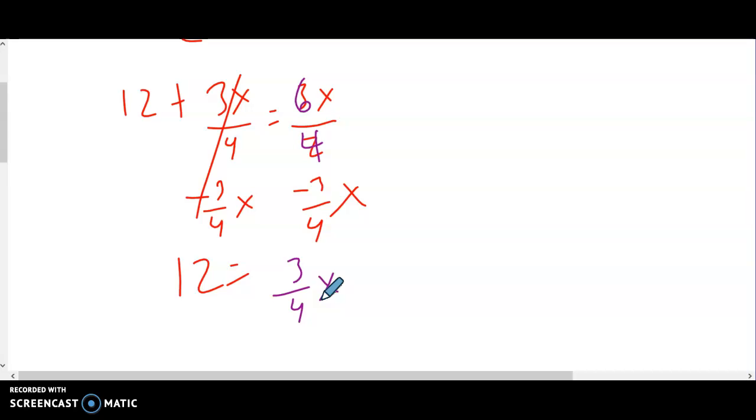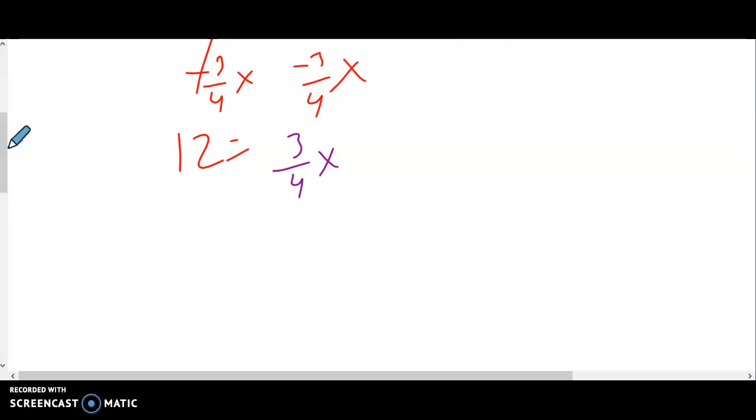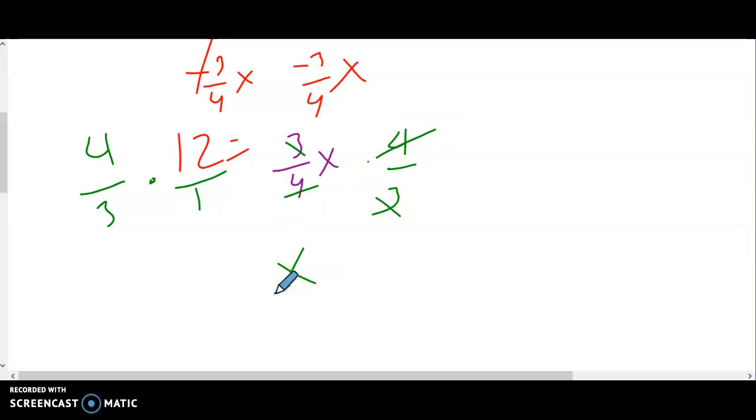Just subtract your numerators. Alright. And to get rid of the 3/4, so isolate the x, let's multiply by 4/3. 12 is 12 over 1. So that cancels. And 48 divided by 3 is 16.